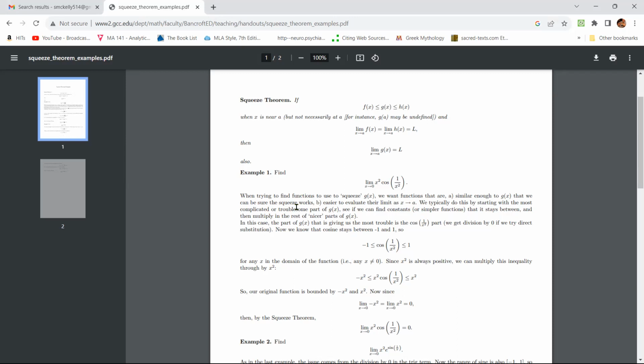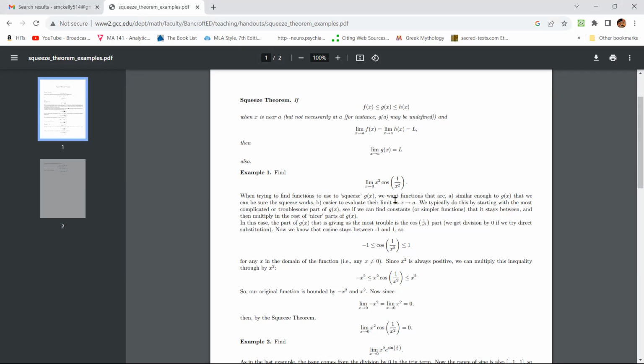And we want to be able to evaluate the limit fairly easily, certainly easier than this thing that we can't evaluate right now, because we're doing the squeeze theorem because we can't evaluate the limit. We don't have a way of doing it.